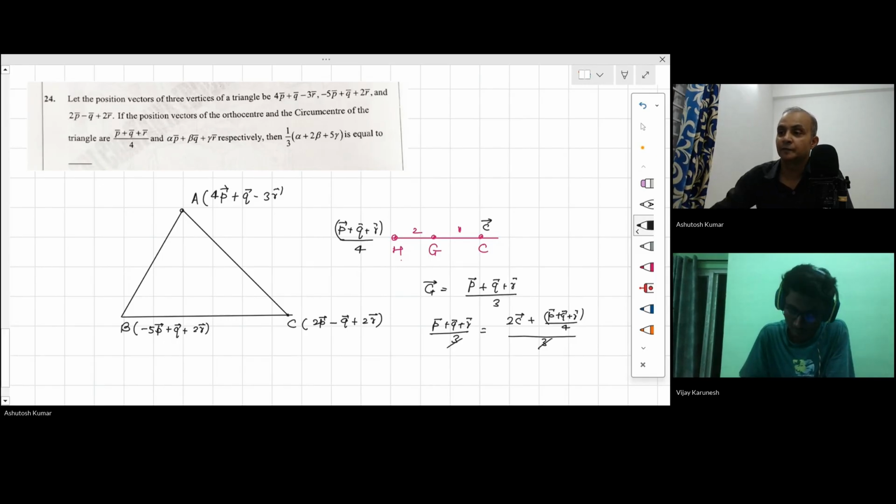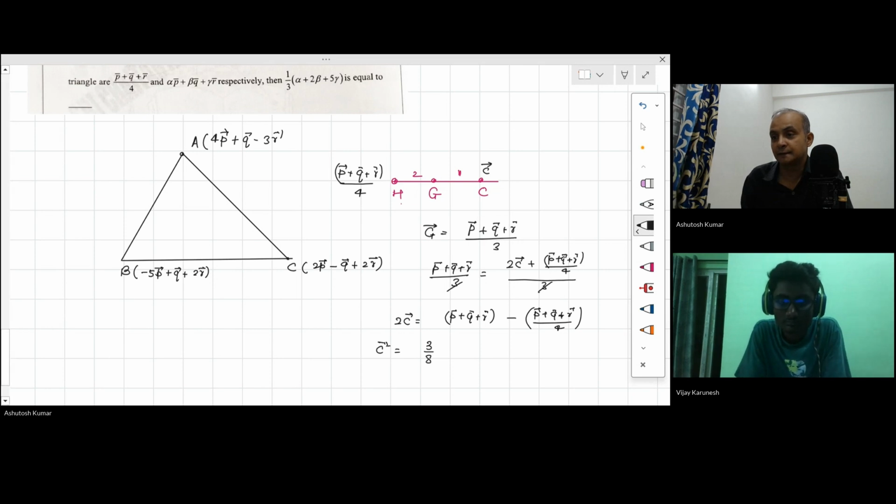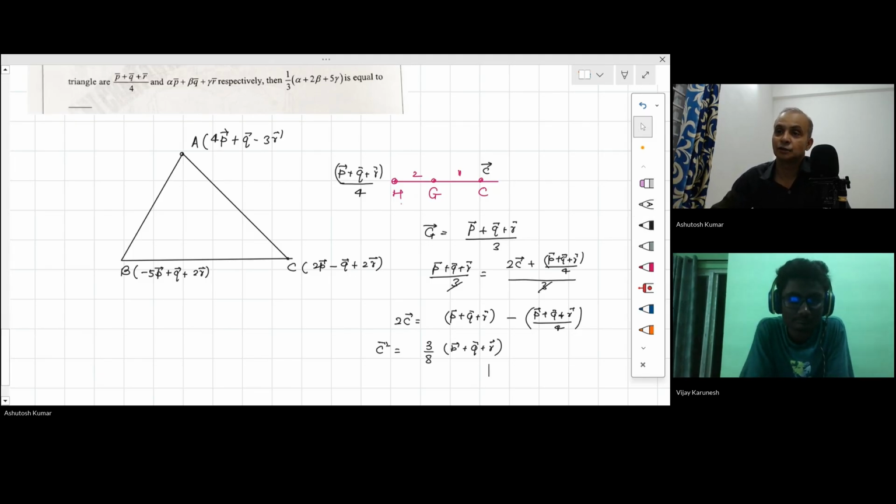Since I have to find the C vector, 2C vector I can write as P plus Q plus R minus P plus Q plus R by 4. From there, C vector is equal to 3 by 8 times P plus Q plus R. Now if you compare, alpha, beta, gamma are all 3 by 8.